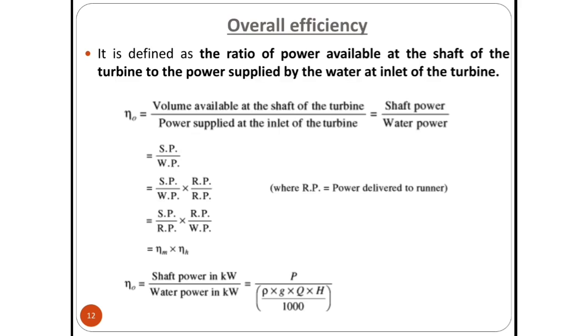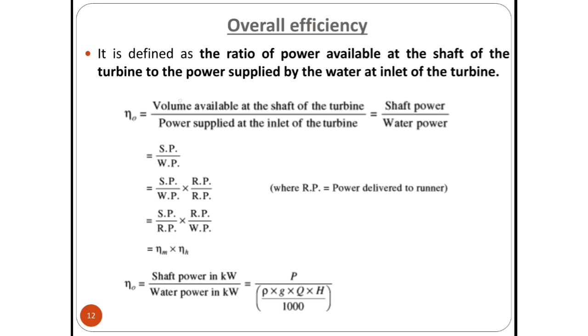So going to the last efficiency, that is overall efficiency. In the hydraulic machine, that is in the turbine, initially there will be hydraulic energy, and at the end it will be converted into mechanical energy. So it is defined as the ratio of power available at the shaft of the turbine to the power supplied by the water at the inlet of the turbine.